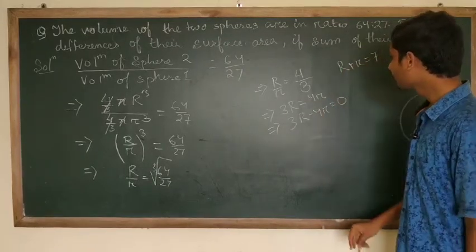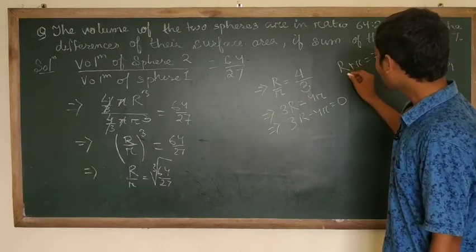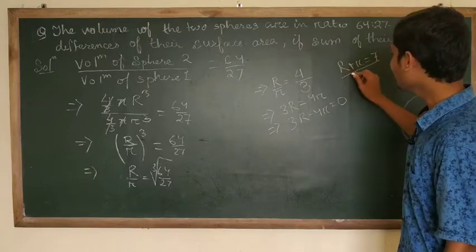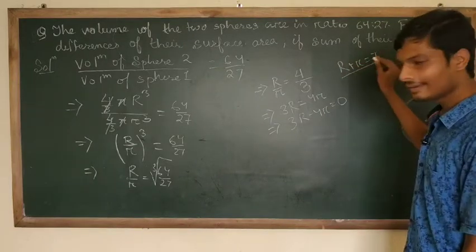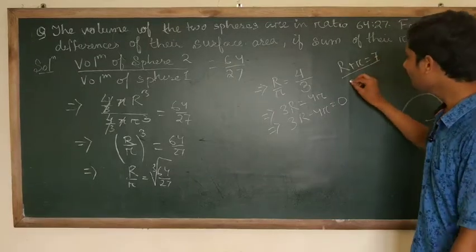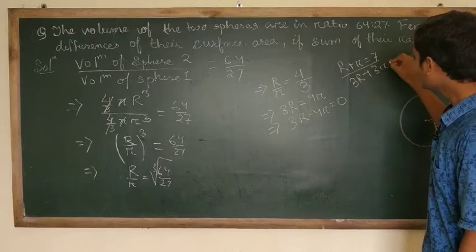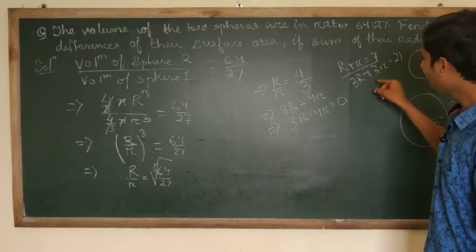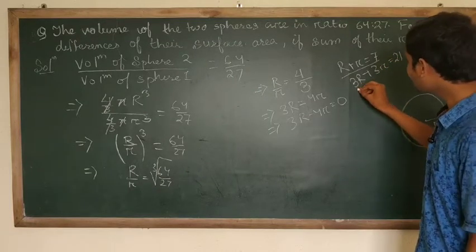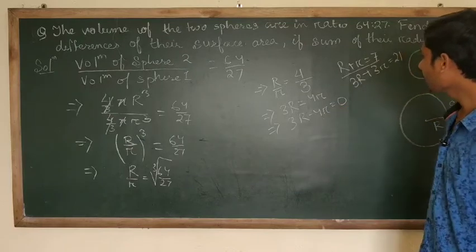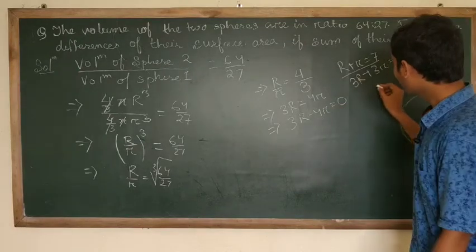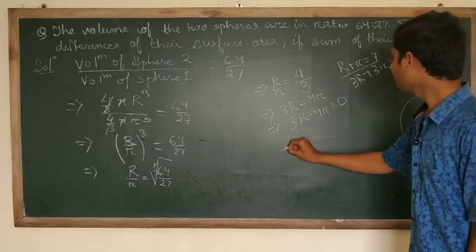I bring it to this side. Now I am multiplying this equation by 3, the whole thing into 3. So how much will it be? 3R plus 3r is equal to 21. And now I am subtracting this from this.